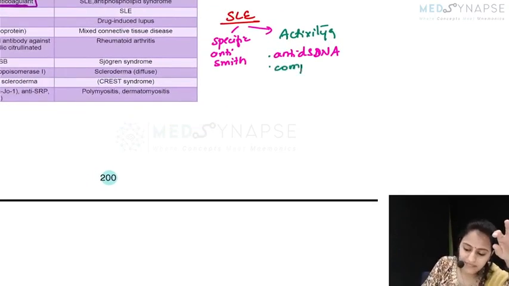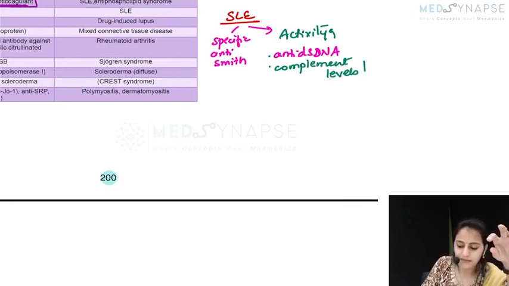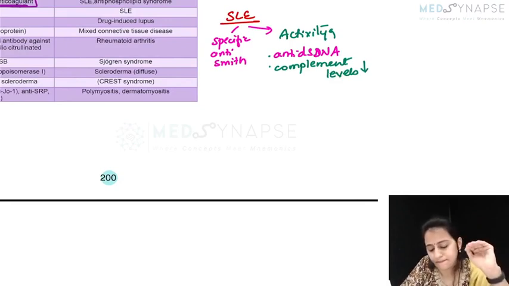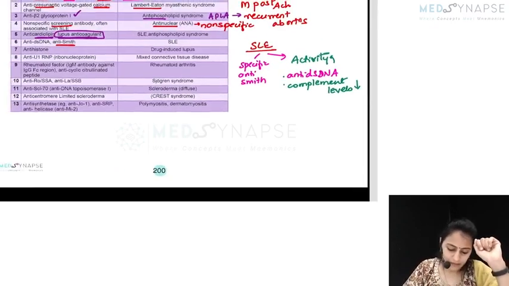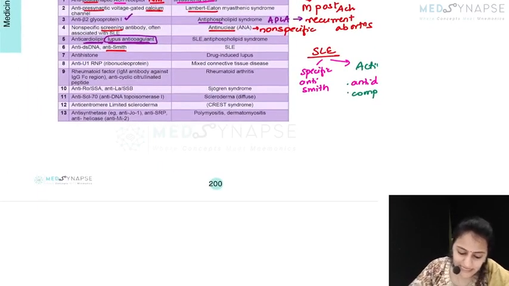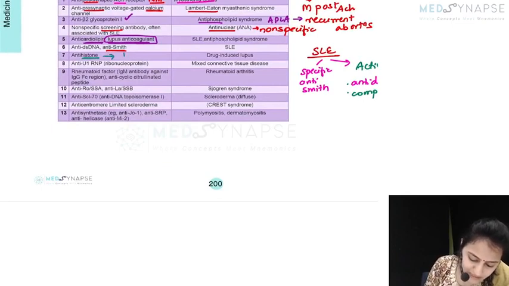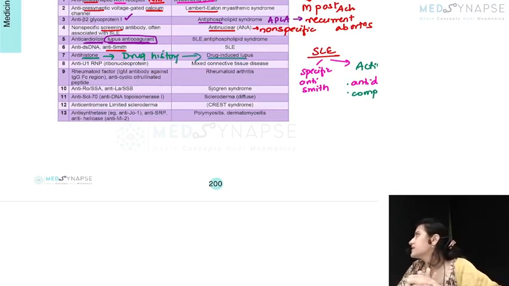The complement levels. Right, the complement levels decrease. Anti-histone antibody. Histone is a drug history. Histone is drug history. So basically this is drug-induced SLE.